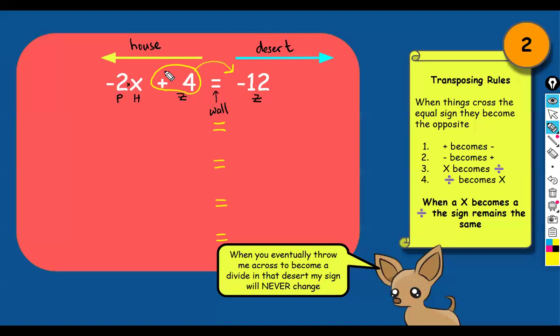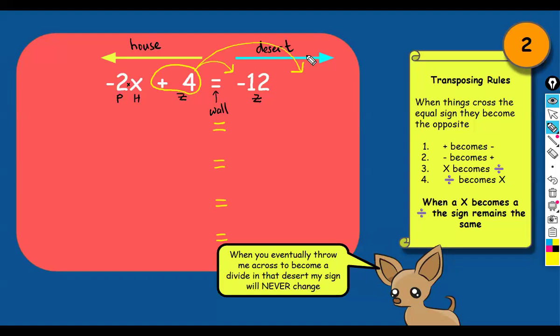Now, here's the thing. In the next line, I want to show that we throw across the zombie, the +4. So a lot of people will ask, when you throw across the +4, do we throw him right here, just after the equal sign? Or do we have to throw him far past the -12? Where is the correct place to throw him on the other side of the wall? I'm just going to clear this up one time. It doesn't matter.